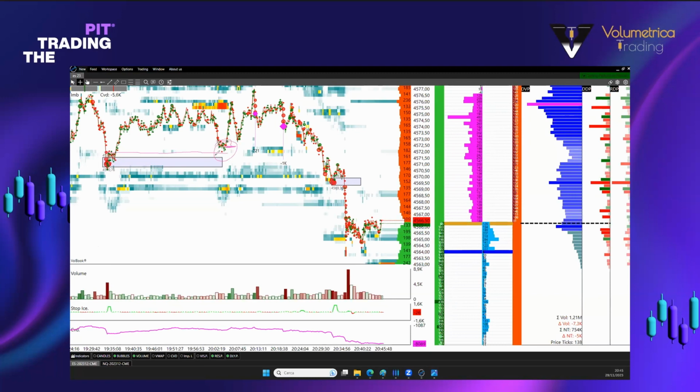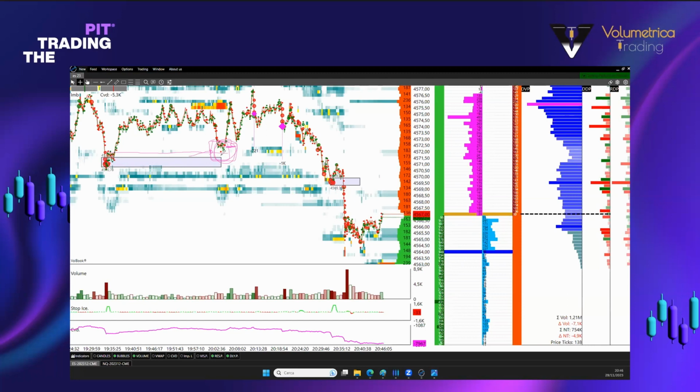And if on the pullback I can see that, in this case, sellers, the aggressive traders going against the iceberg, are exhausted, small red bubbles, and then buyers are picking up again, in this case for me it's a green light.